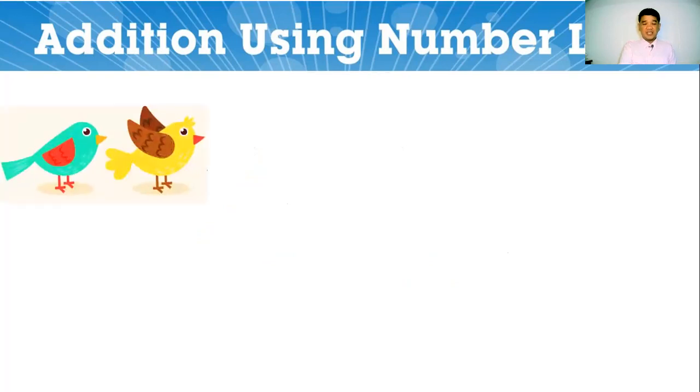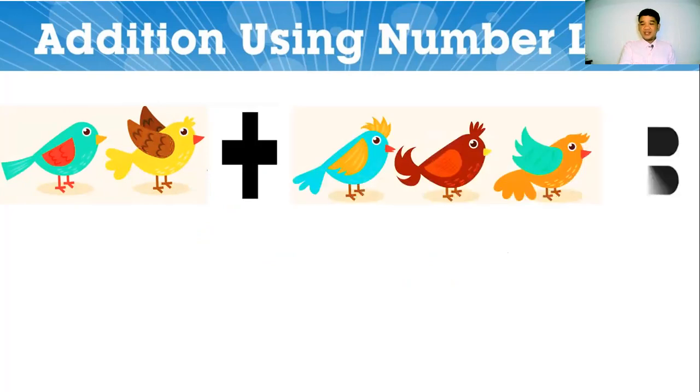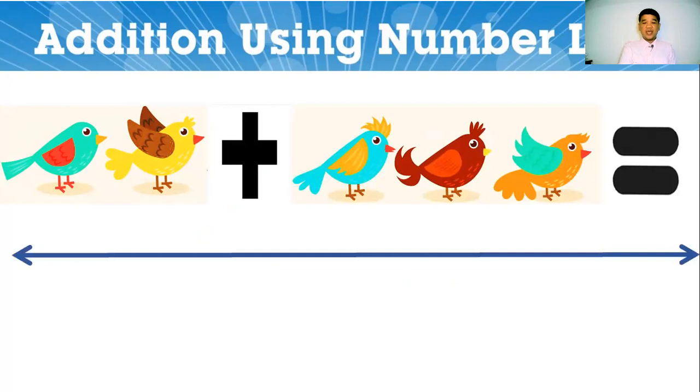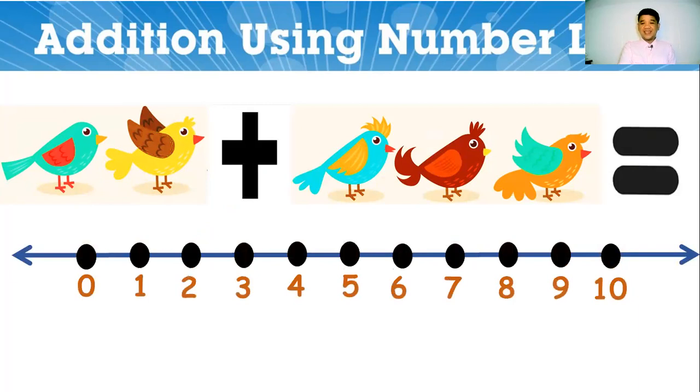Let us check the numbers of birds. The first object plus the second object equals. Now let us use the number lines. And given as this, from 0, 1, 2, 3, 4, 5, 6, 7, 8, 9, and 10. All right, so let us check the first object.